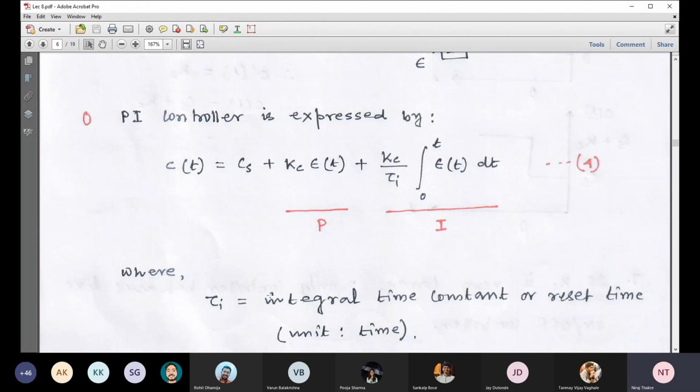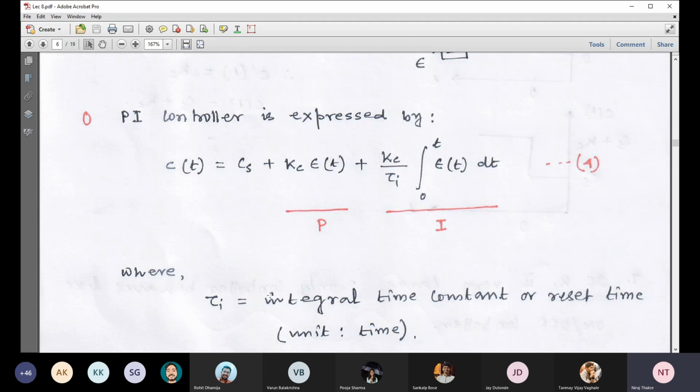One additional term is present in equation 4 compared to equation 2, that is tau I, called the integral time constant or reset time. Its unit is always time.